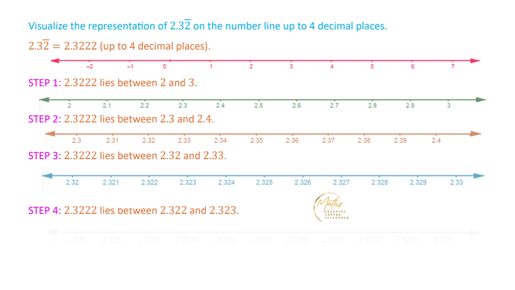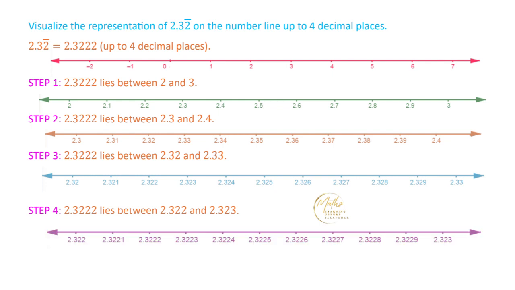When we divide this portion into 10 parts, this is the number 2.322 and this is 2.323. We have actually divided this portion now into 10 parts. So we can see that the number we are talking about is 2.322, that is over here.